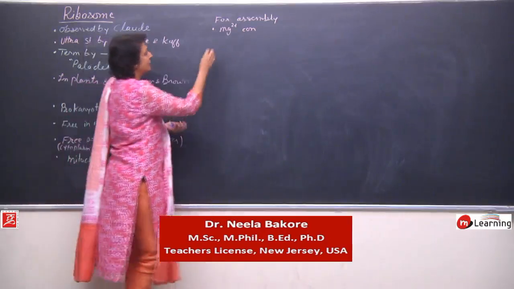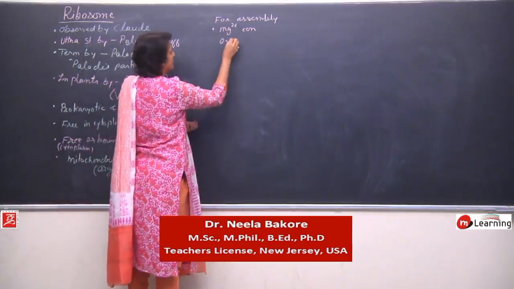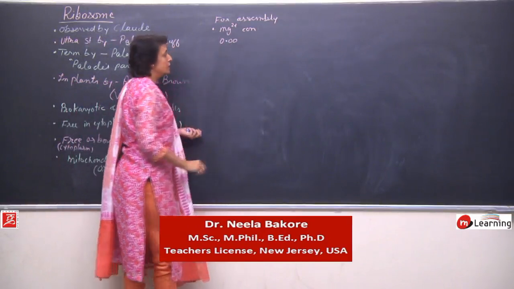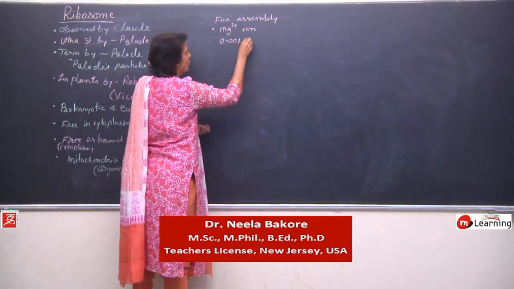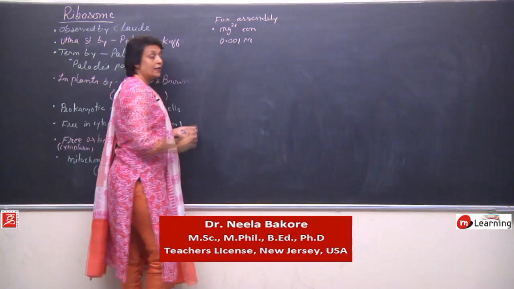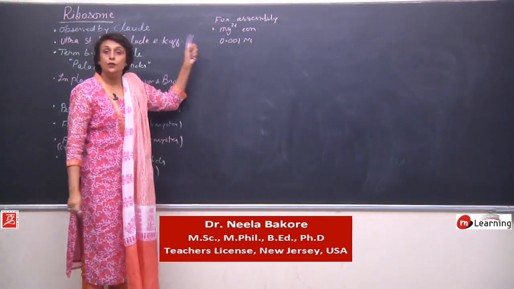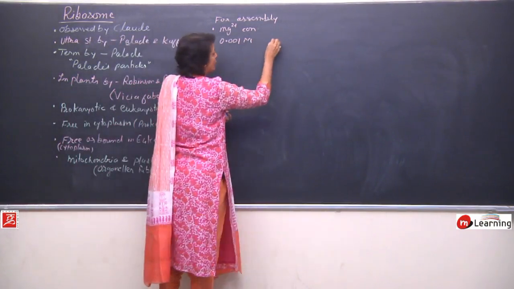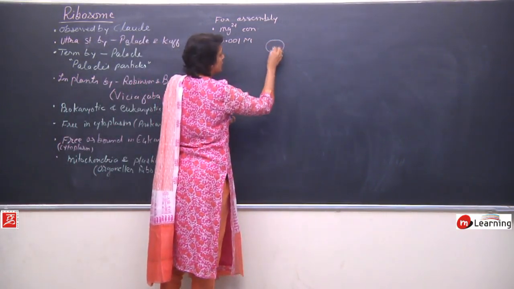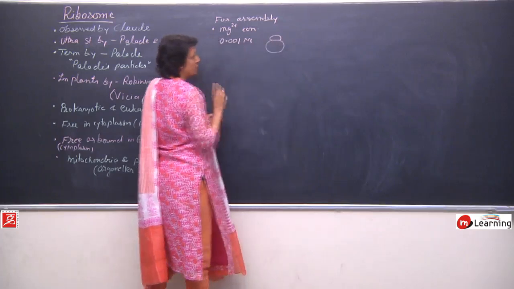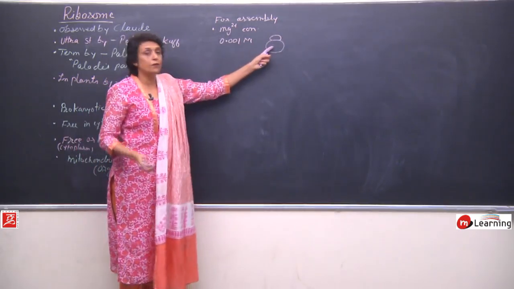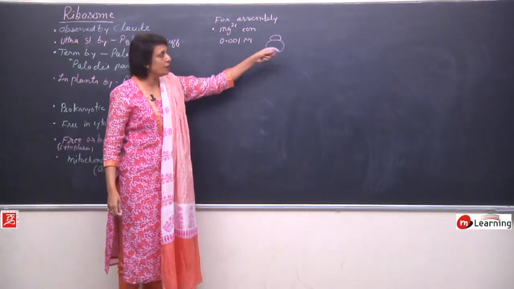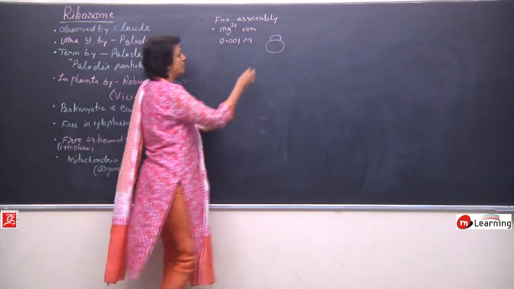If the magnesium ion concentration is 0.001 molar, then the two subunits assemble and we get a ribosomal structure which is visible to us. This is for our understanding; we draw the structure, but we have drawn the subunits separately.